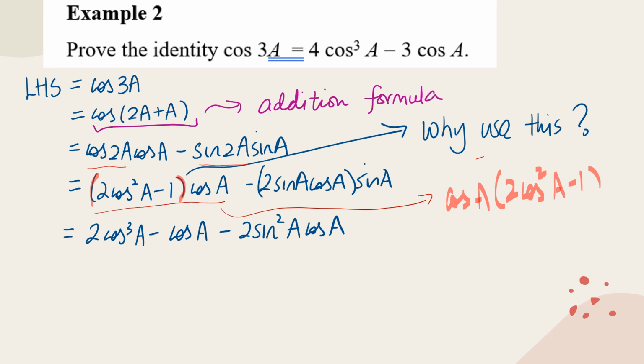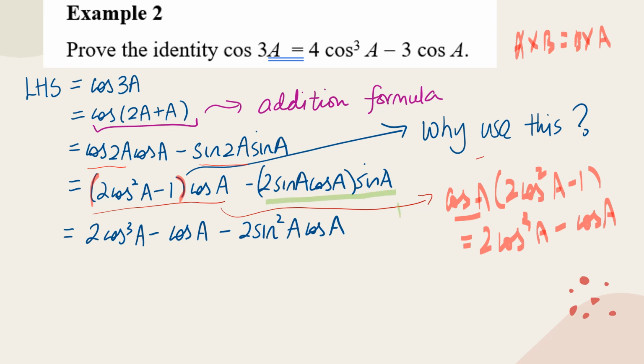If you can only expand when the simpler term is on the left side of your bracket, then you just shift it to the front. Because after all, a times b is the same as b times a, right? So it doesn't matter. Just shift it to the front, then it will be easier for you to do the expansion.